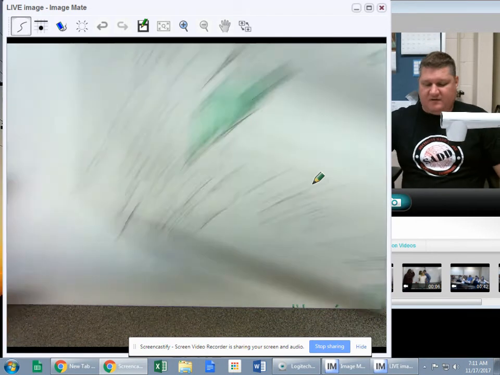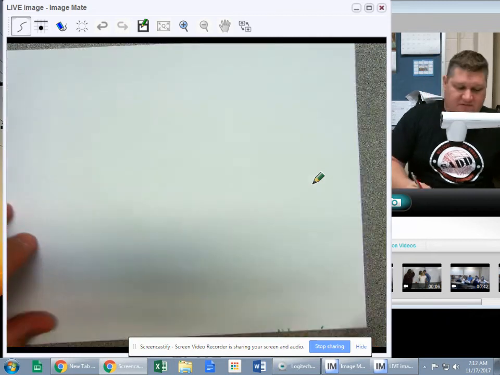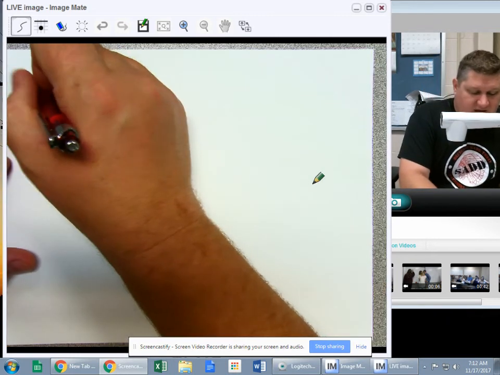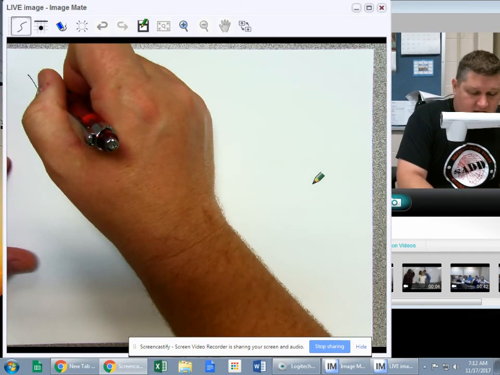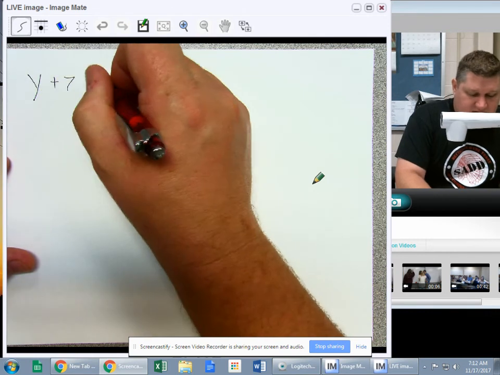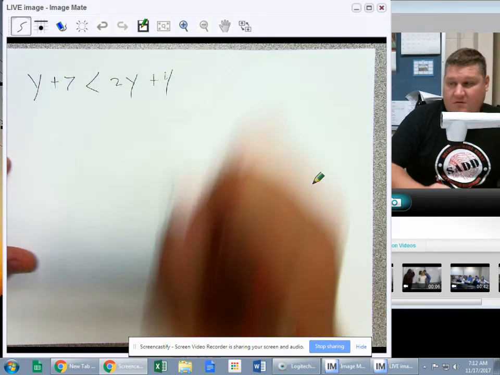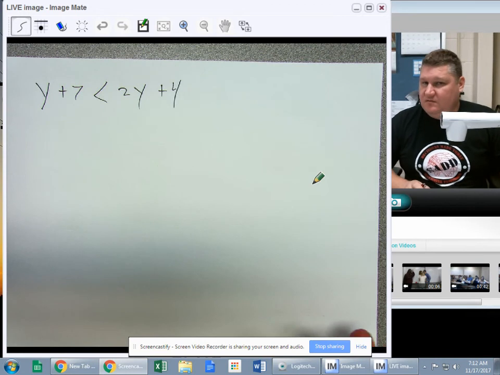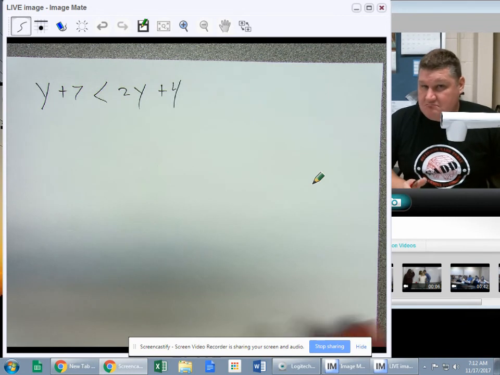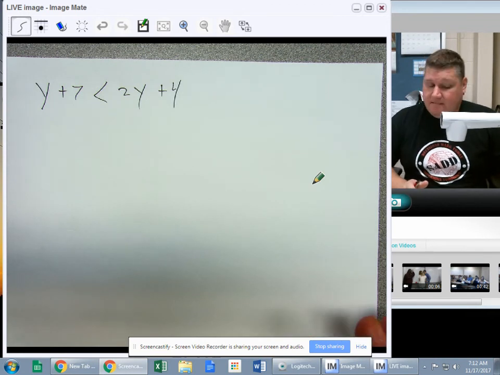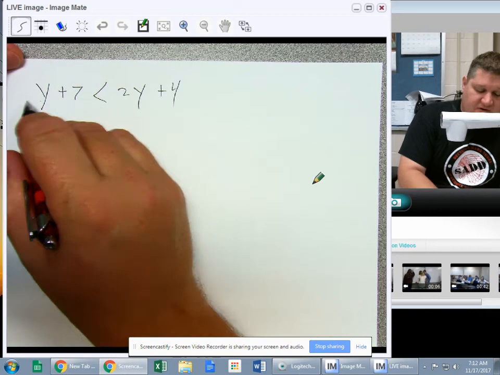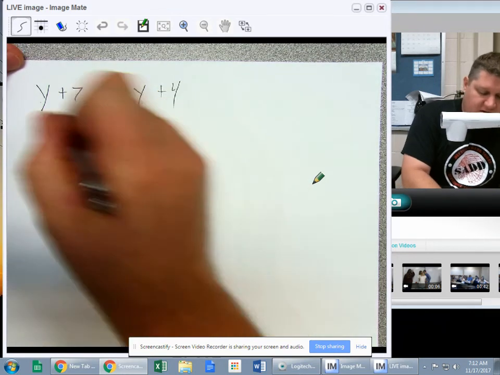There is one other type that can throw kids if you're not careful, and that's if I have y plus 7 is less than 2y plus 4. Now, you'll notice there's only how many variables here? Just one. Even though there's two of them, there's just one variable. So it's minus 2y, minus 2y.